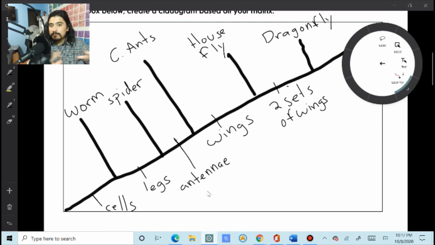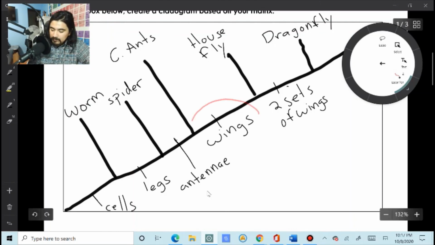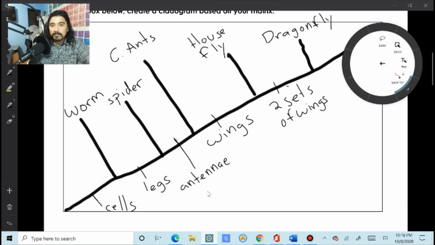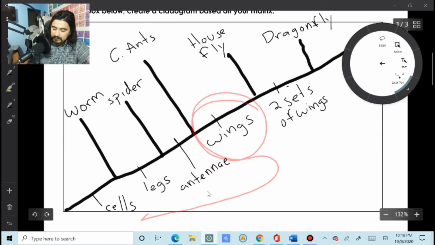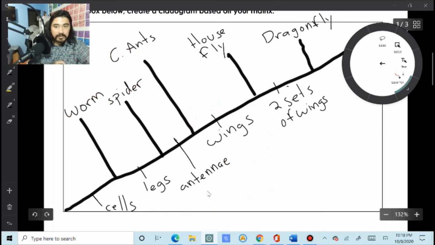Same thing if we jump forward to wings. We already know which two organisms have wings, because the ones after the characteristic are the ones that have that trait. So everything after wings has wings: the housefly and dragonfly. But everything before that trait does not have it. So carpenter ants, spiders, and worms do not have wings.